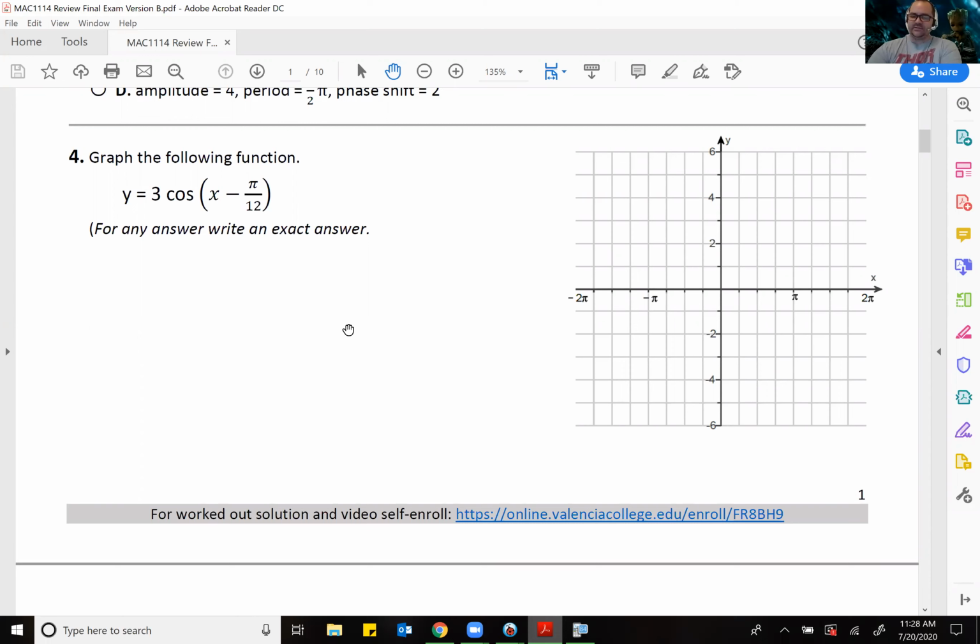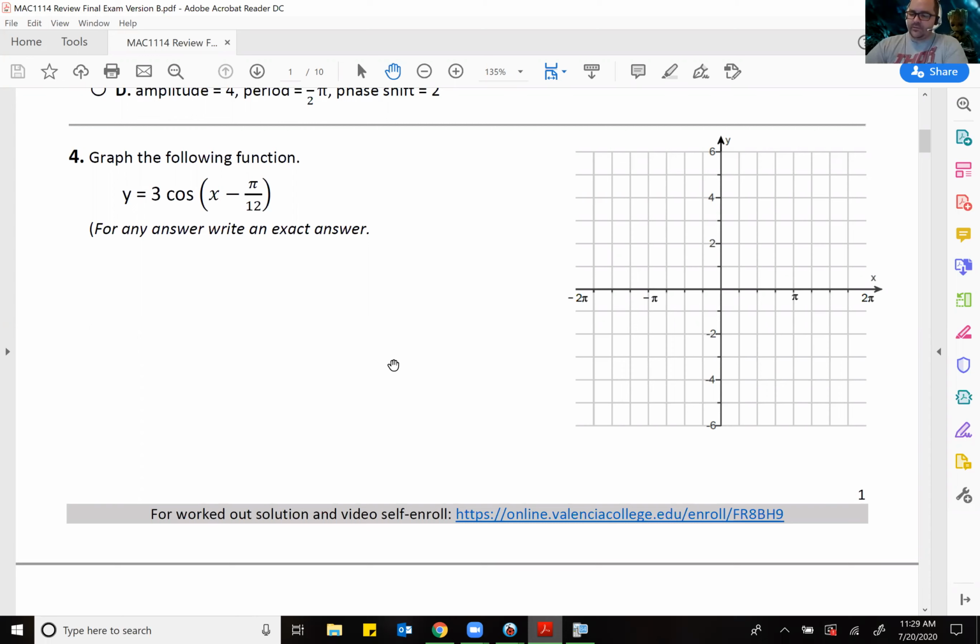Couple things. So in the computer, when you're dealing with this, they usually ask for the amplitude. They ask about the period. Sorry, just writing stuff down.